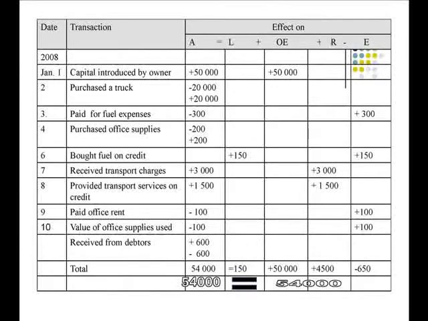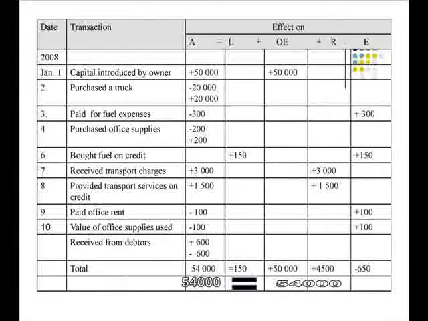Then received transport charges. This is a cash transaction. Revenue increased by 3,000 and asset increased by 3,000. The asset is the cash. Then provided transport services on credit. Still we recognize the revenue, although it is a credit transaction and we haven't received cash over the counter.